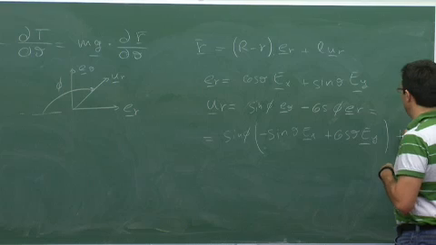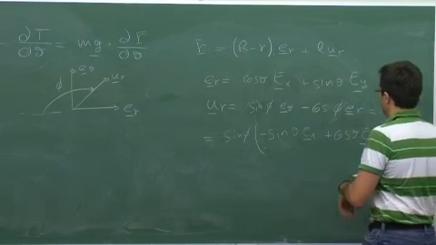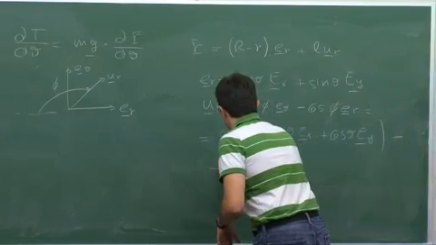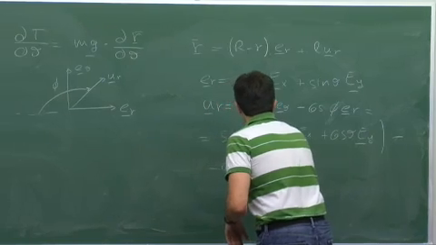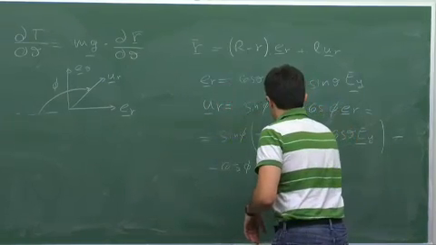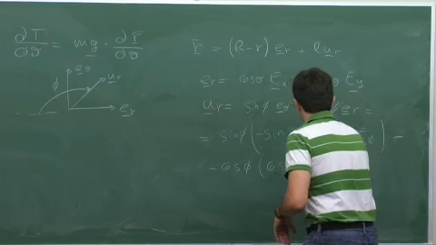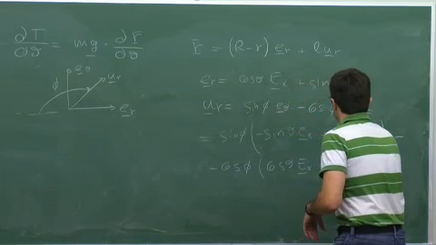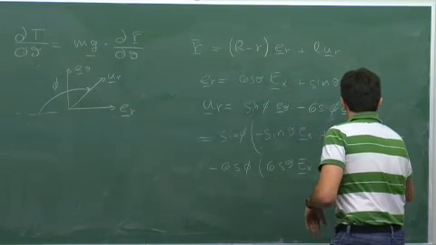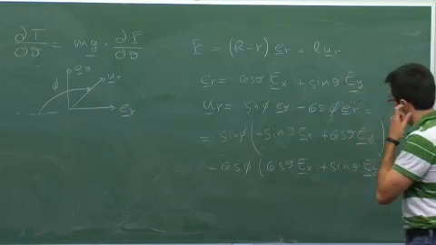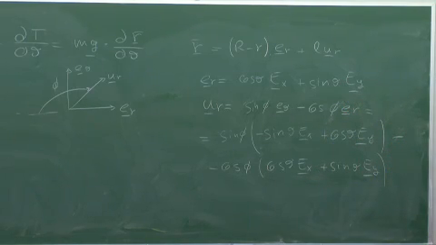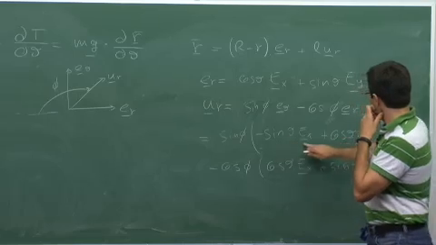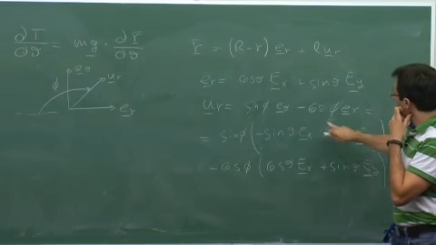And then minus cosine of phi ER, I already have it there. Cosine of theta EX plus sine of theta EY. So in this parenthesis I have E theta, and this is ER.